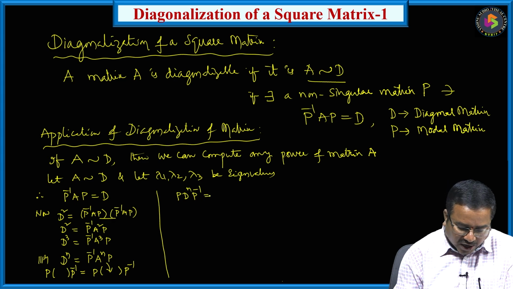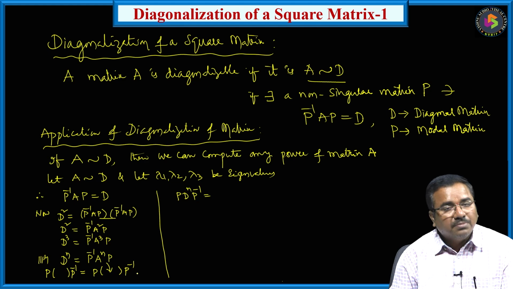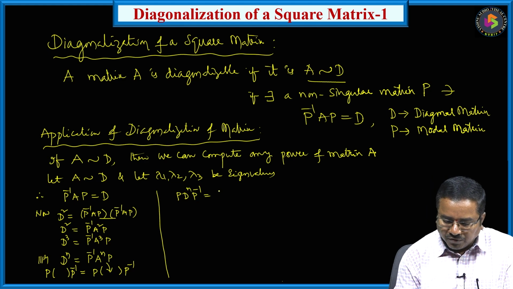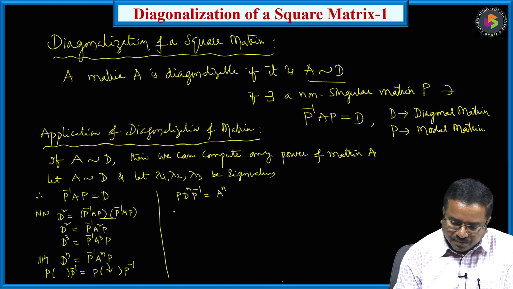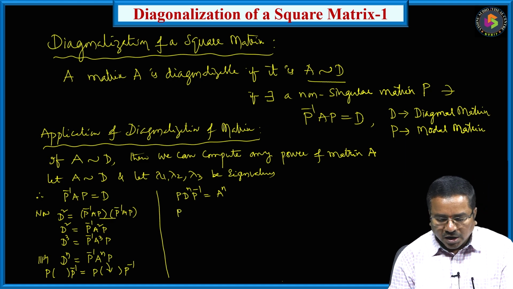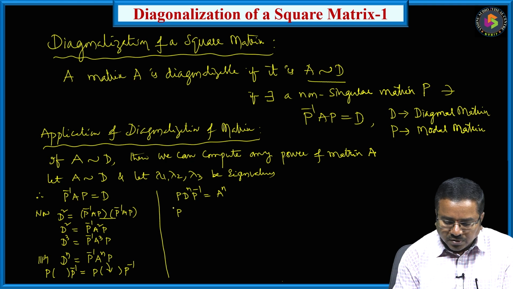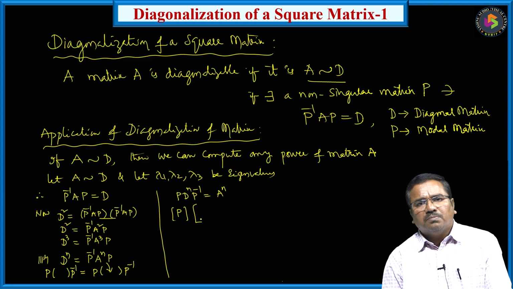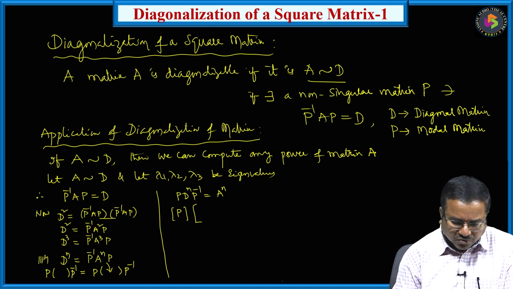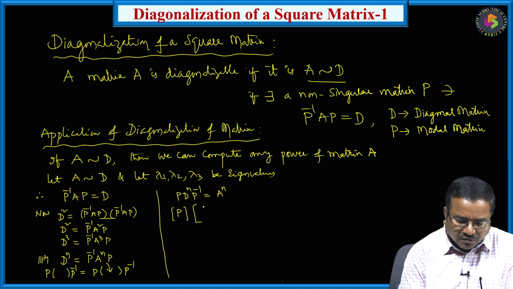On the right-hand side, P P inverse becomes I and P inverse P becomes I, so we get A to the power of n. Now, we have P and D power n. How to get D power n? Very simple. If we have a diagonal matrix, we can easily calculate its power just by raising the diagonal elements to that power. So, what is D here?